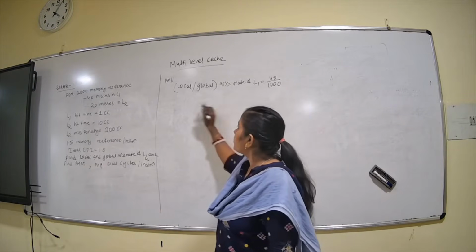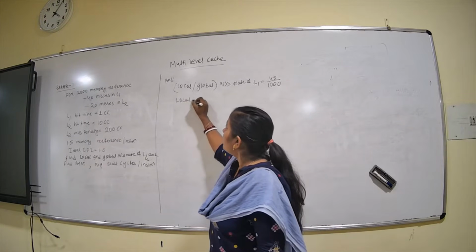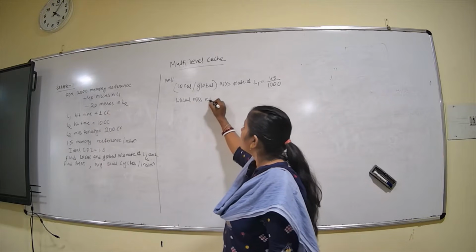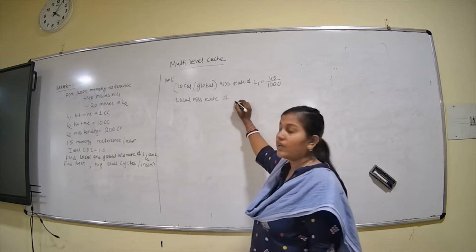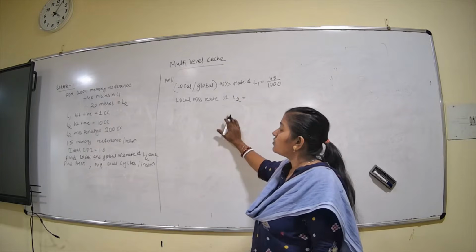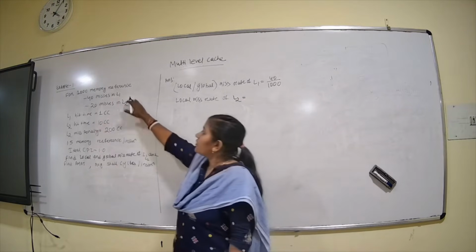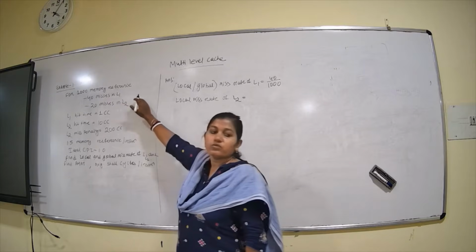And what is the local miss rate of L2? Local means the 40 misses in L1 will go to the L2 cache.